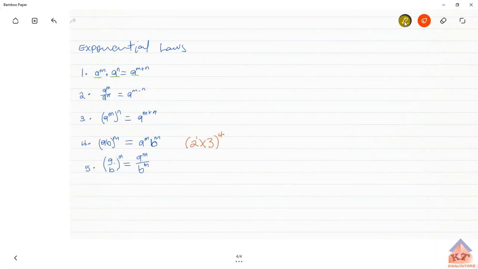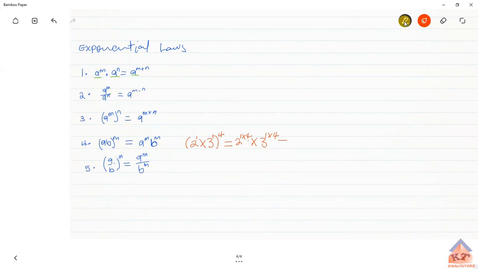So what we have now is 2 to the power 1 multiplied by 4, multiplied by 3 to the power 1 multiplied by 4.